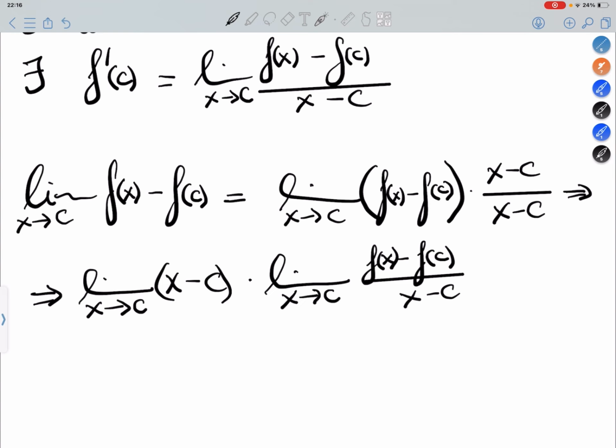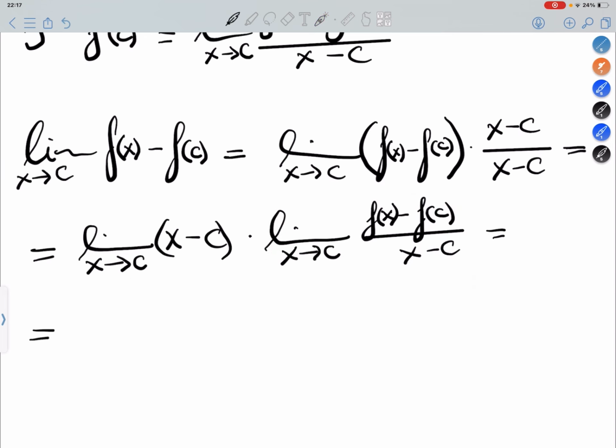Now as you can see, this one here would become 0, because if we substitute c inside, we're gonna have c minus c, and that gives us 0, right? And this one here is basically f prime of c, the one we have here, right?